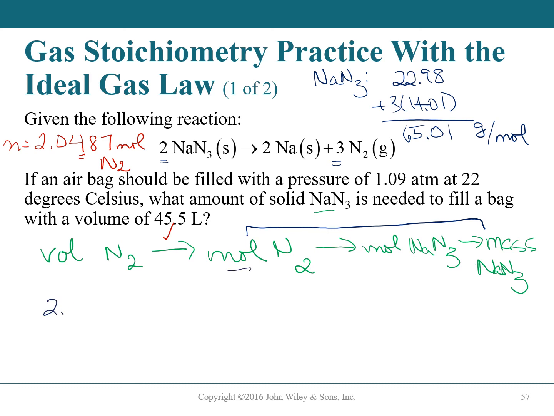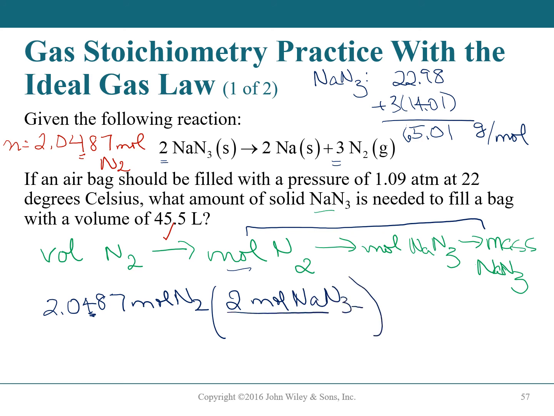So 2.0487 moles of nitrogen, that's going to be in 3 figures, times, we want the sodium nitrite, so 2 moles of my sodium nitrite for every 3 moles of nitrogen gas, times my molar mass, and that should be 65.01 grams of sodium nitrite for every mole of sodium nitrite.